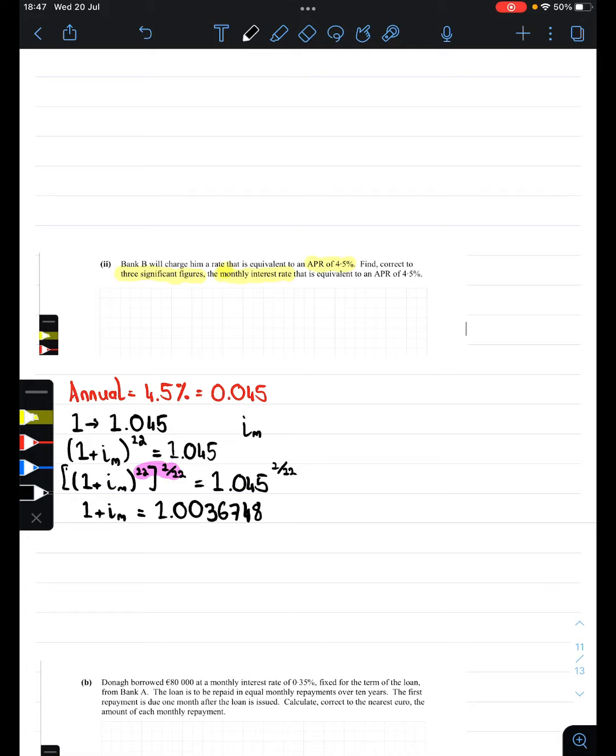IM would then be 0.0036748, which is equal to 0.367%. Remember, three significant figures. And so now we have our monthly.